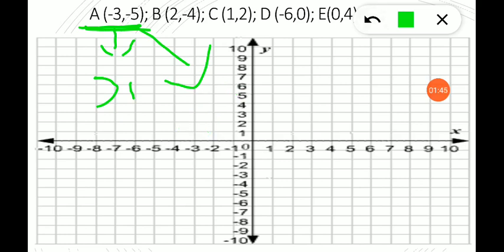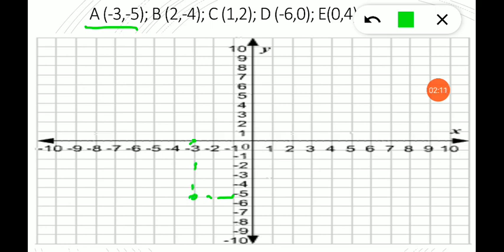Okay, so which means here our x coordinate or abscissa is -3. So on x it is -3. Then the y coordinate or ordinate is -5, so we'll come down to -5 here, and then we will mark the point.